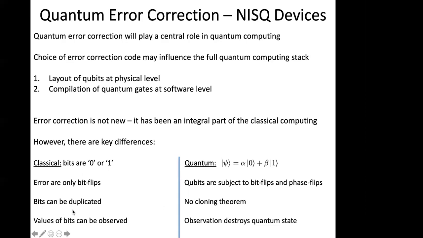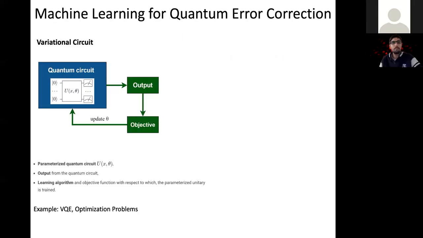Then in the classical domain, you can duplicate the bits, but in quantum you can't, because once you try to duplicate it, you just decohere it. And again, in classical you can measure it, but in quantum you can't. So there are a lot of challenges in quantum error correction, but there's a lot of research going on to develop efficient quantum error correction schemes.